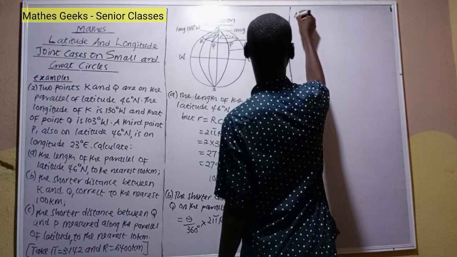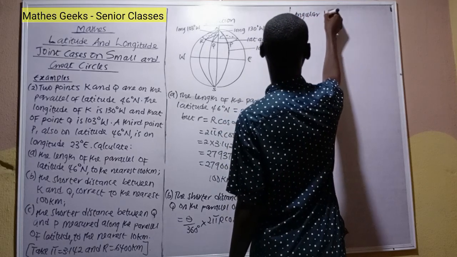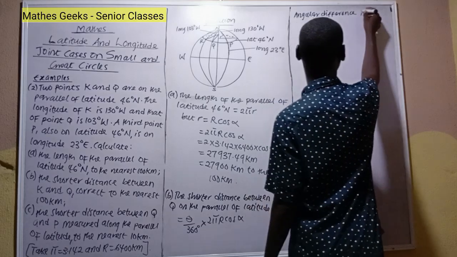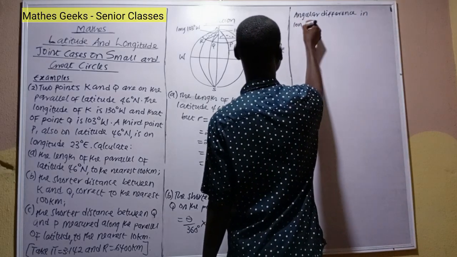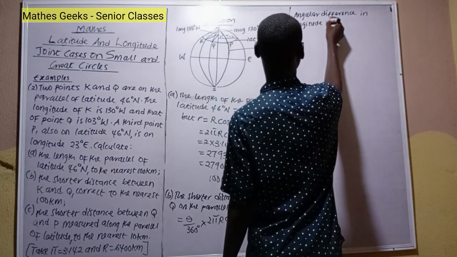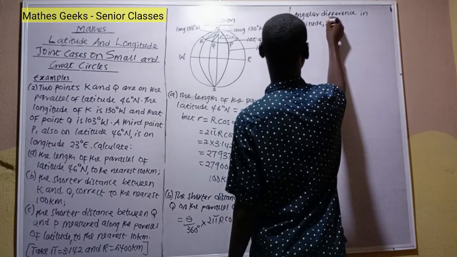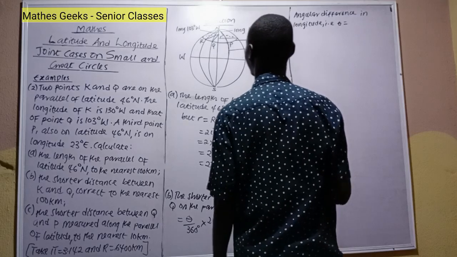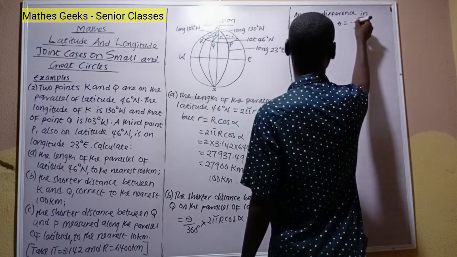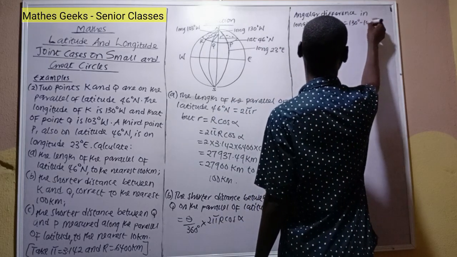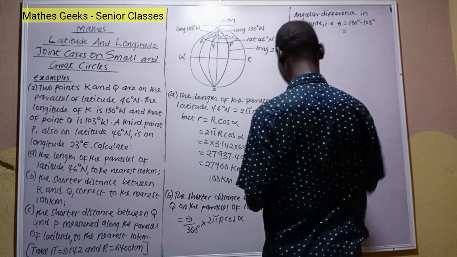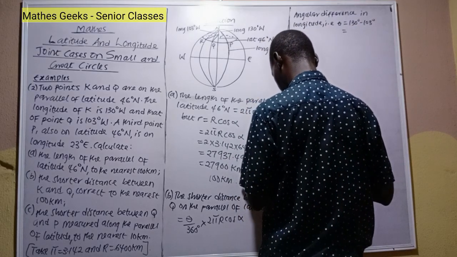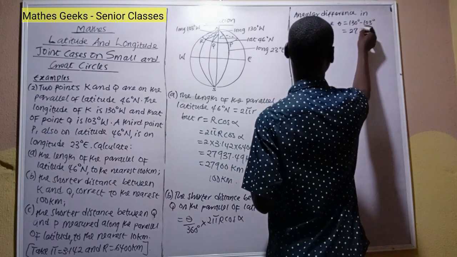The angular difference in longitude, theta, is equal to 130 degrees minus 103 degrees, which is 27 degrees.